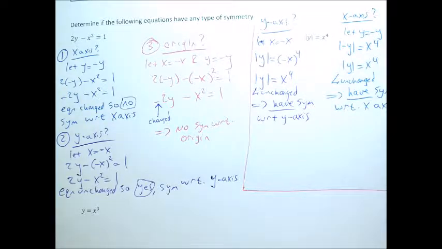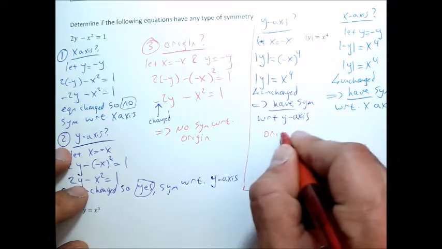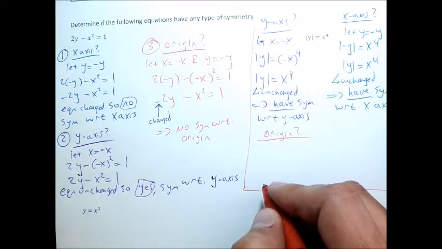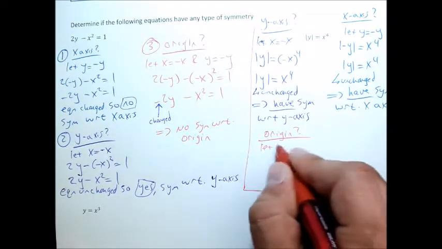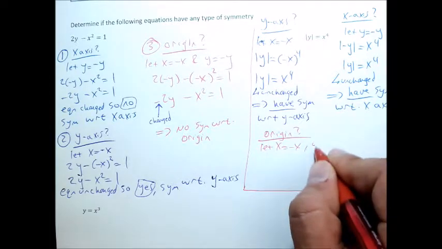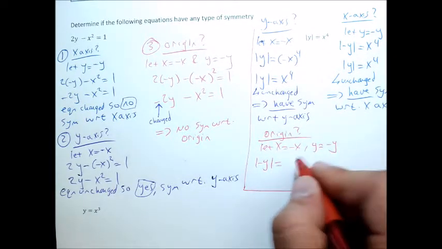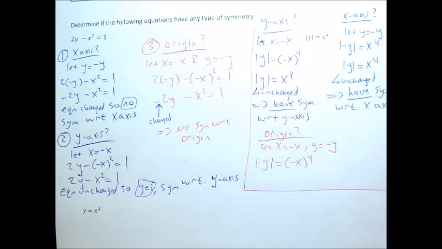What's going to happen when we plug both those things in, a negative y and a negative x? It's going to have origin symmetry because they're both going to become positive and go back to the original problem, right? So let's look at that. Origin, we just do both of those things. Let x equal negative x, y equal negative y, and we'll get absolute value of negative y equals negative x to the fourth.